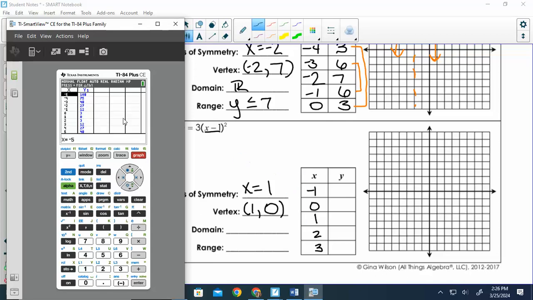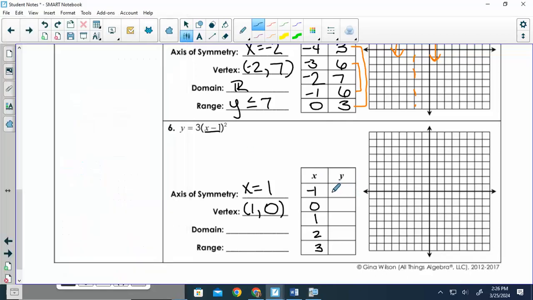So our points, we have (-1, 12), (0, 3), (1, 0), (2, 3), and (3, 12).